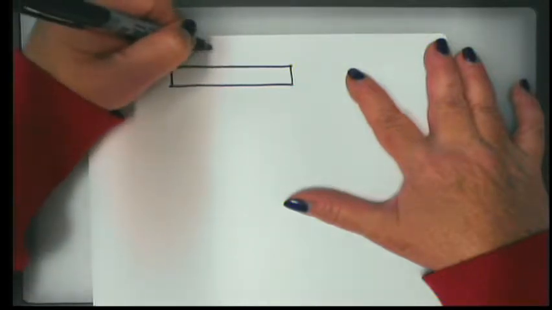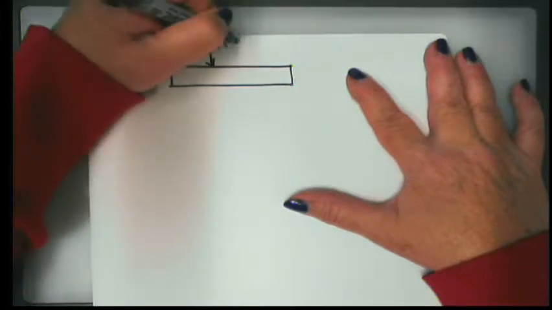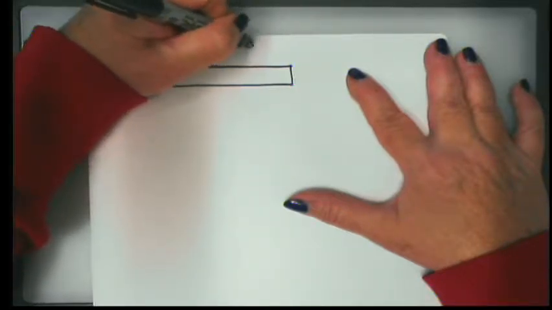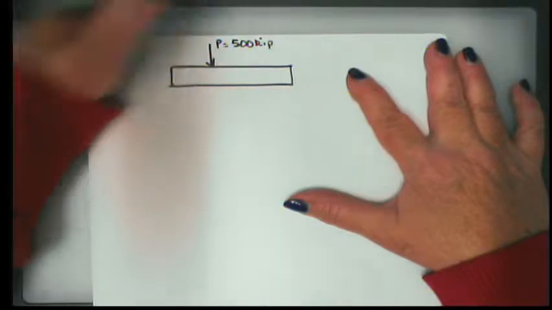What I'm going to say is that I have a load P that equals 500 kilopounds.